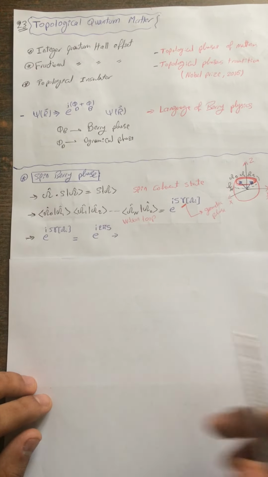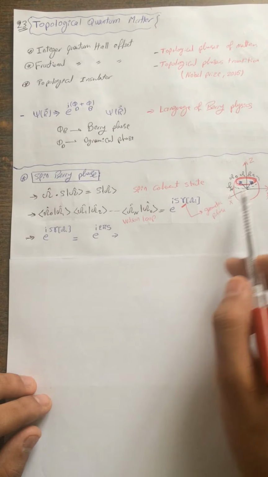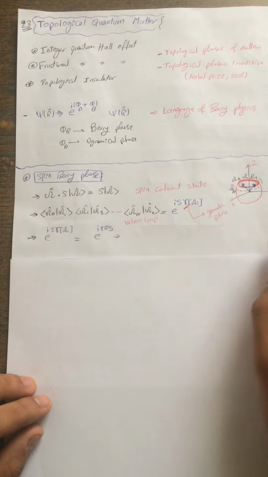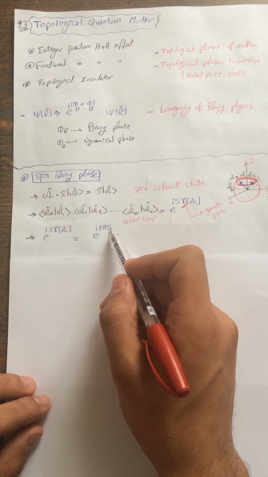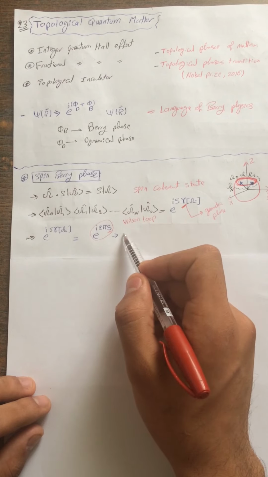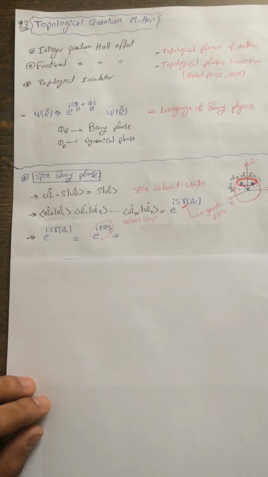So this exponential actually is about 2 pi, because the area of this circle is 2 pi. And if you take the spin s here and consider this exponential for a spin integer system and a spin half-integer system.